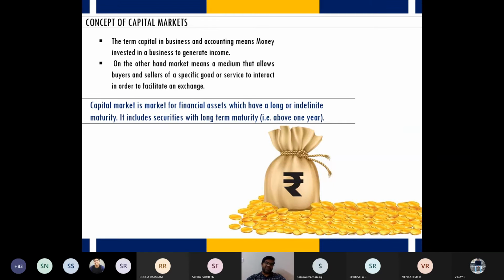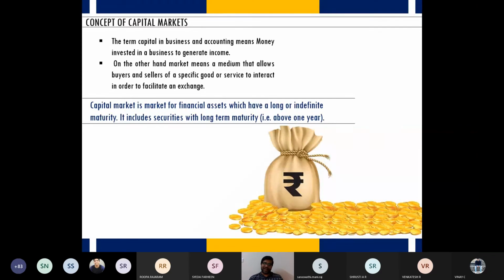Now the question is, what do you mean by long term? When we say long term, how many years is it? Is it years or is it decades or is it centuries? The basic classification says anything which is above 1 year is long term. So if you are going to ICICI Bank again, you're taking a 10 years loan, the transaction can be classified as capital market because it fulfills all the criteria given in the definition here.